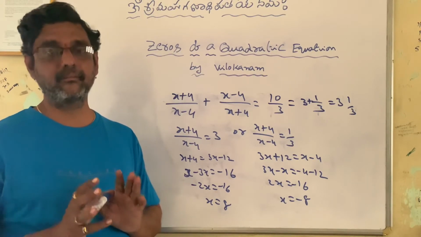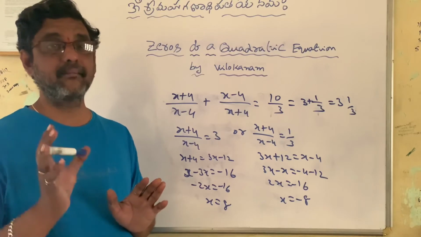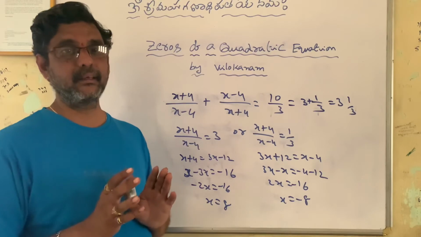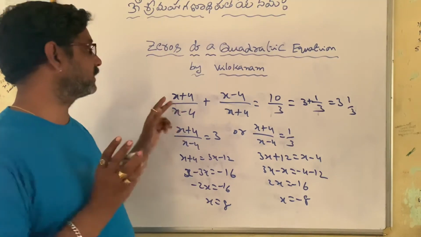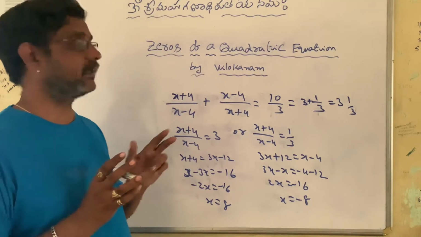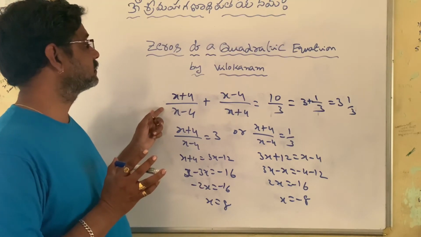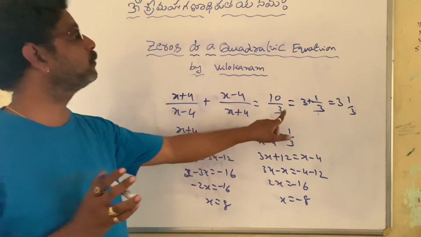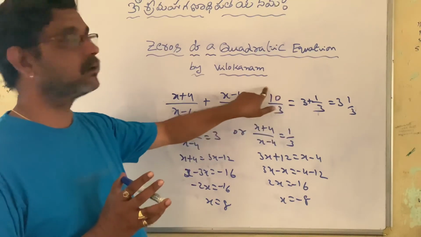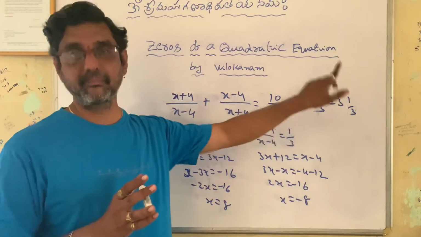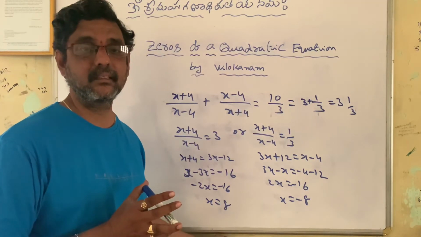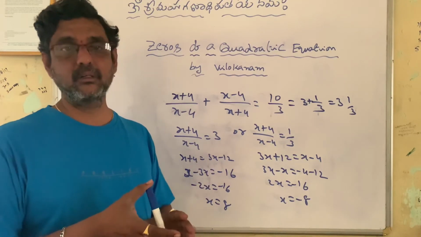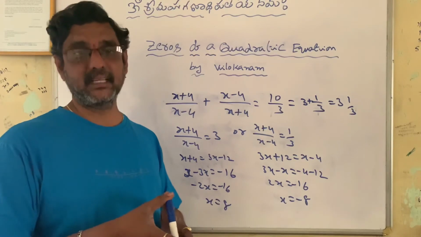You can avoid all those if you observe the given problem carefully. Concentrate: once again, in the LHS, the two terms are reciprocal to each other. That means you need to express this number in the same way. Then the problem will be easy. Otherwise, you have to do tedious work to find the values of x.